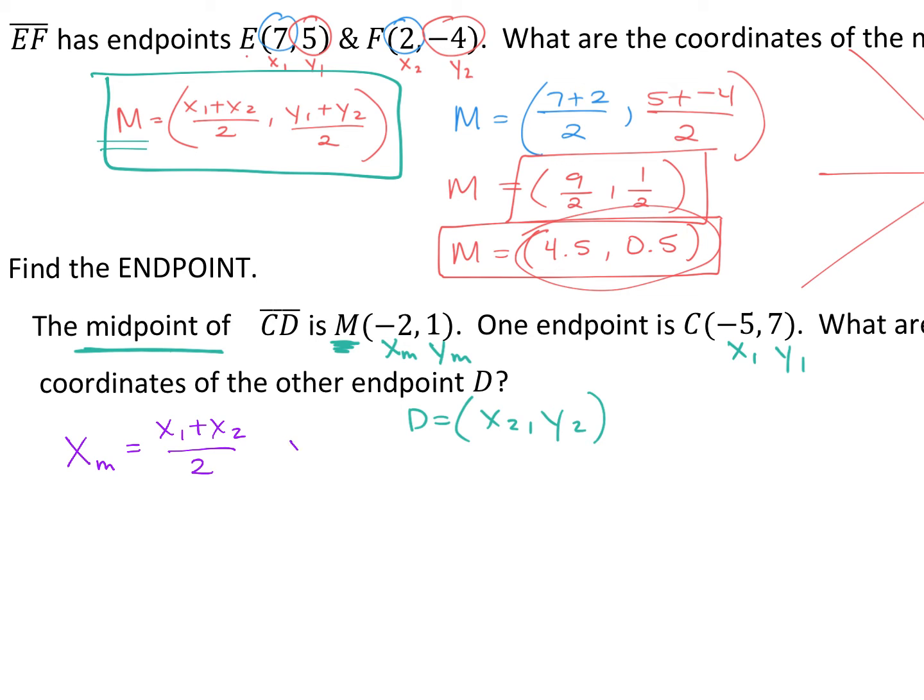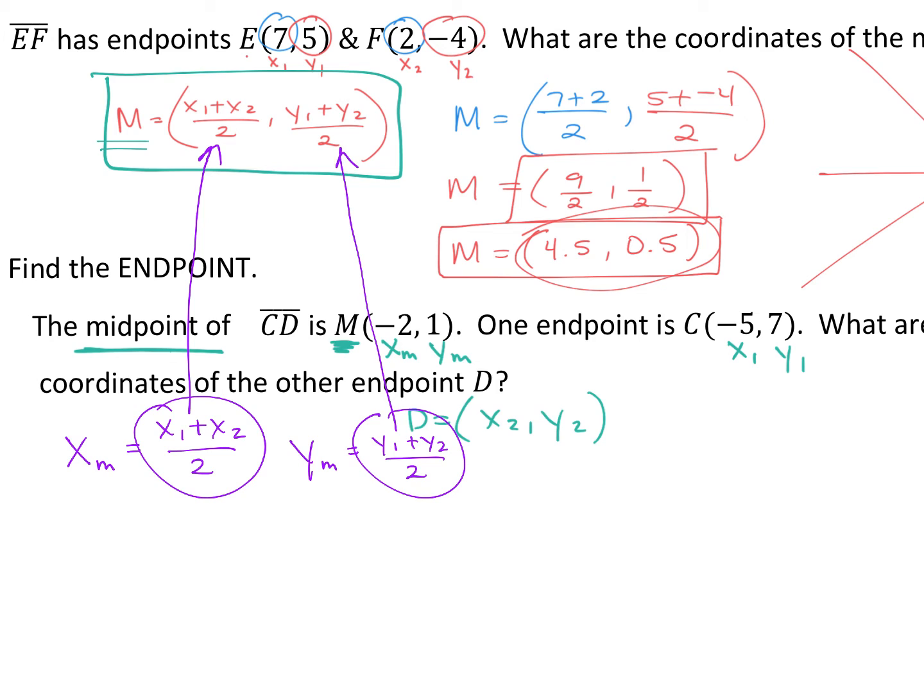And you're going to solve your y midpoint equal to y1 plus y2 divided by 2. But do you see how it's the same formula? This and this are here and here. Okay, we're just setting them separately equal to what midpoint coordinates we have.